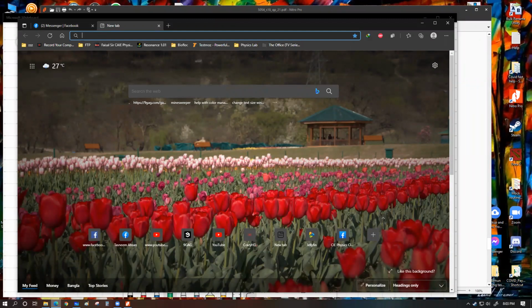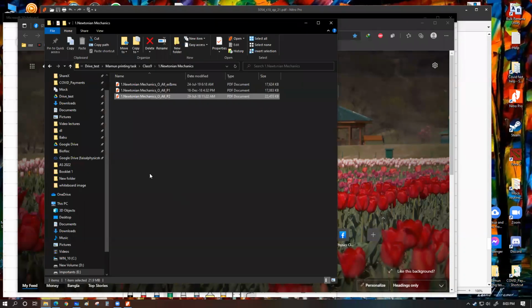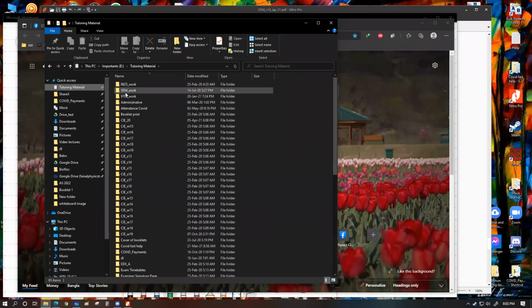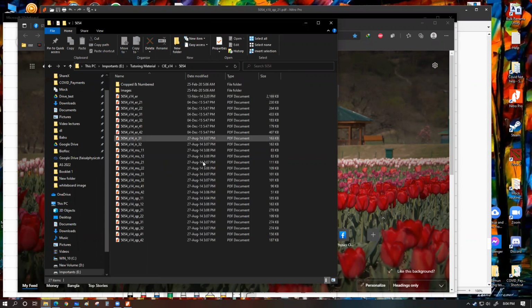Those 21, 22, for example, if I just show you from my folder, it was somewhere in my folder. Where is that? Actually, let's go there. Yes, if we just jump into this paper, the 21, 22, these are basically the paper number and then the variant number. The variant number exists because CA exams happen all over the globe.